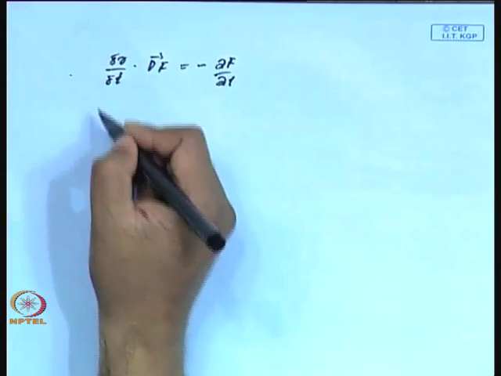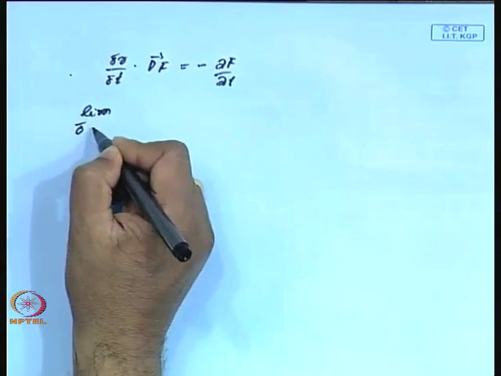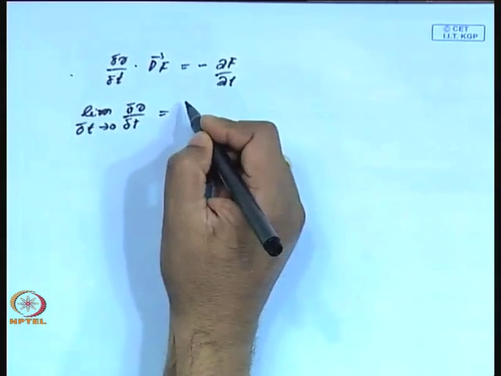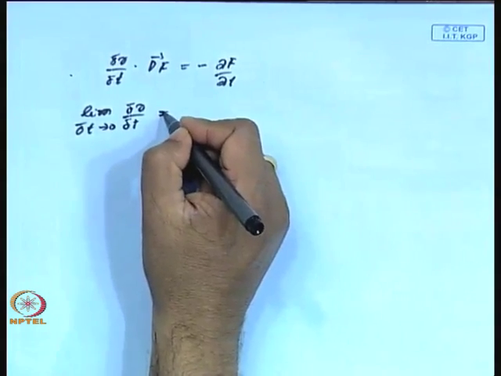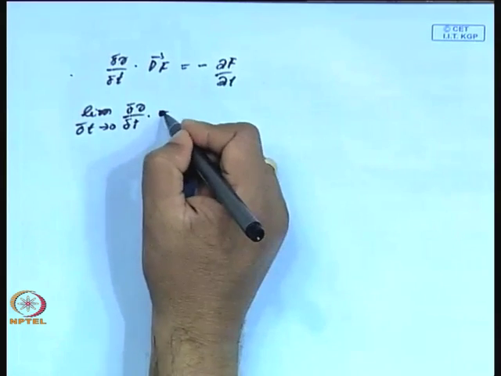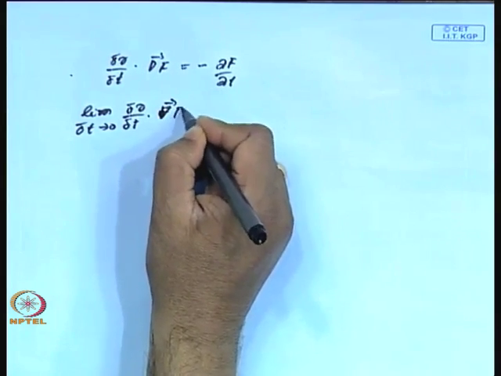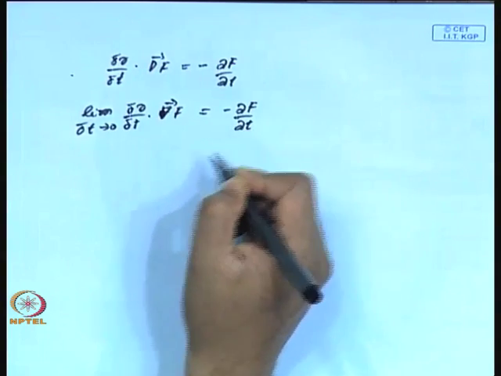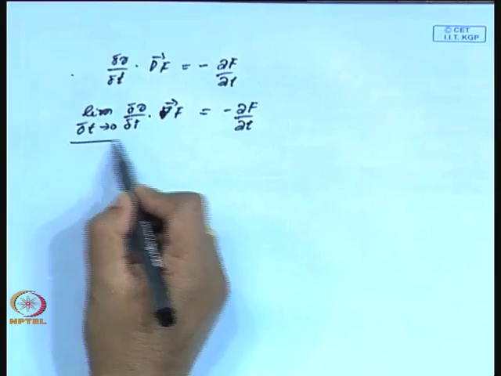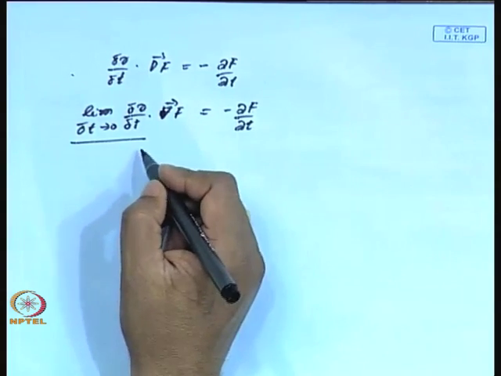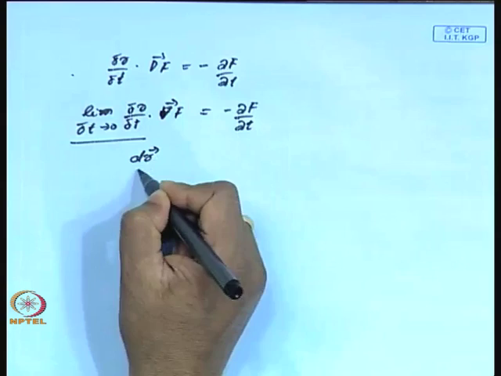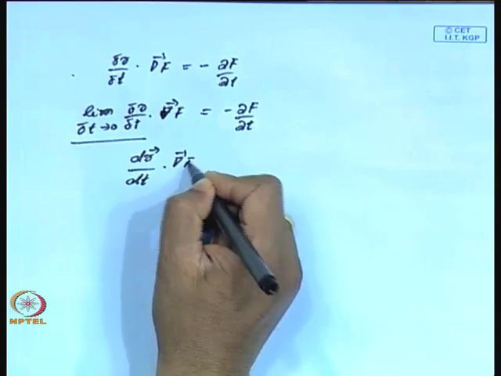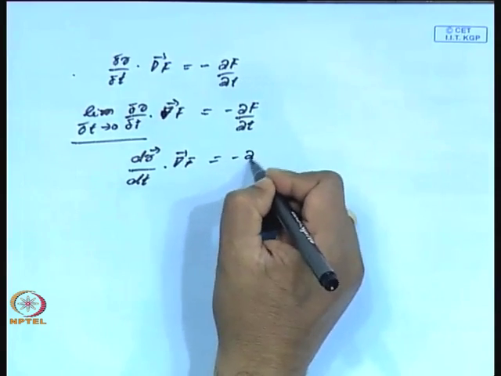This is what we have already talked about, this is dr bar by dt dot grad of f, which is minus del f by del t.